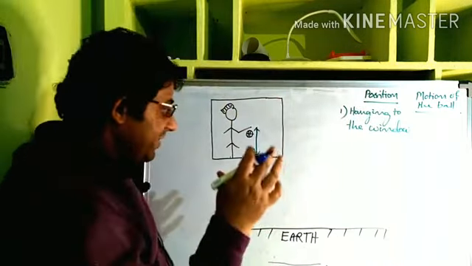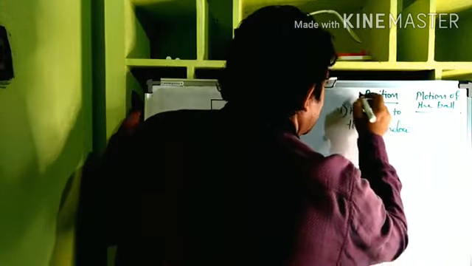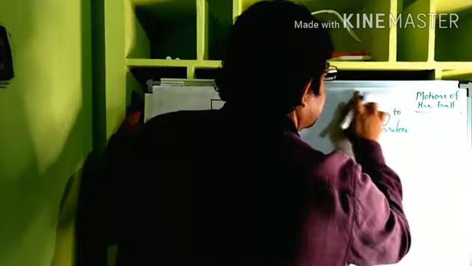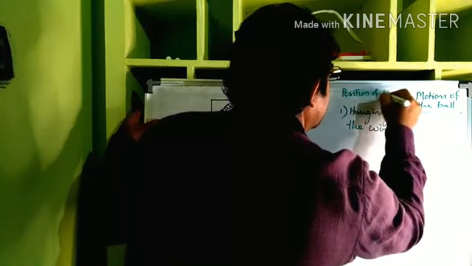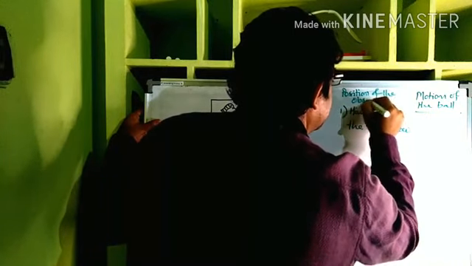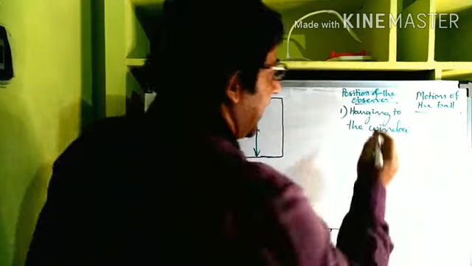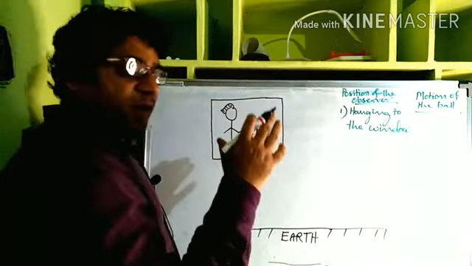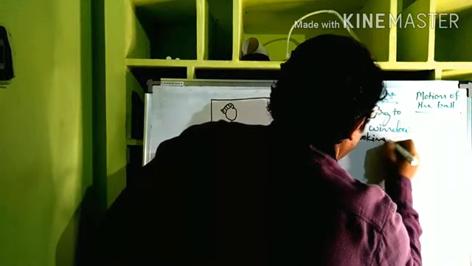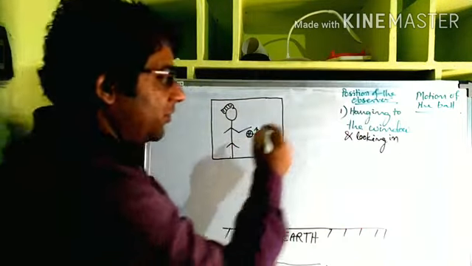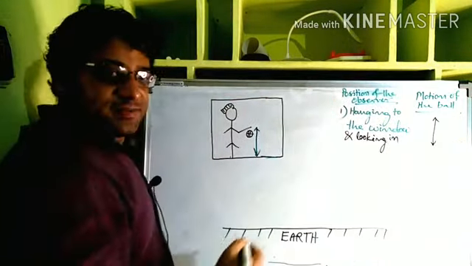Who is hanging? Whoever is looking, the observer, okay? Position of the observer, let us write. So what's the position of the observer? Hanging to the window and looking in. Then here how the motion looked, I am depicting in a diagram, it is like this, right?